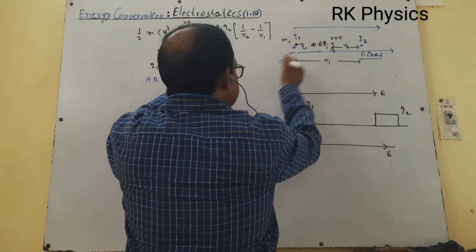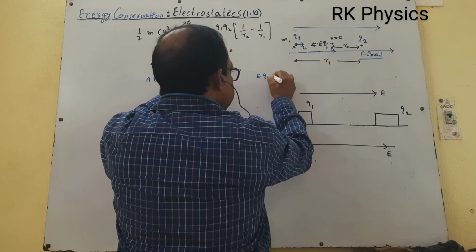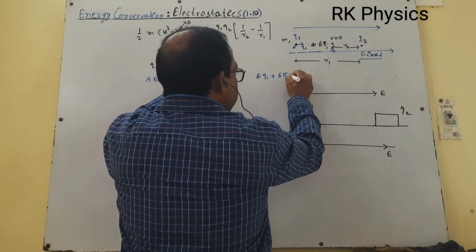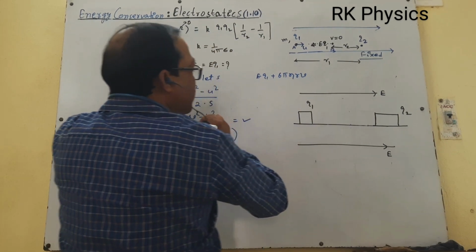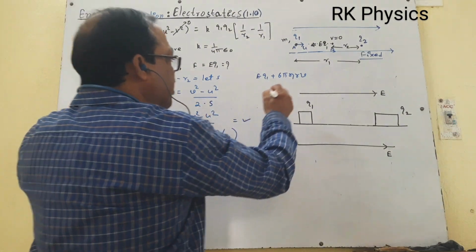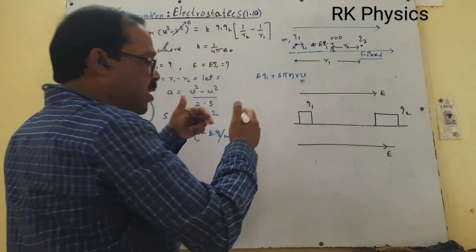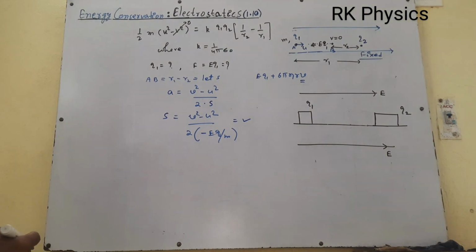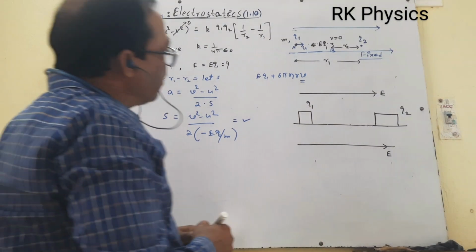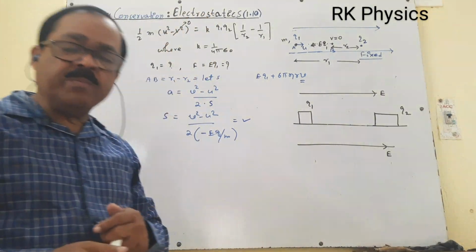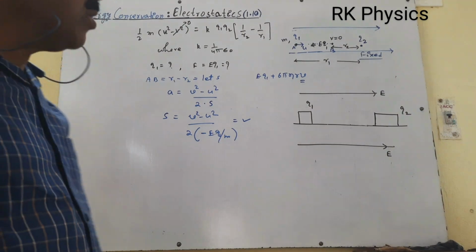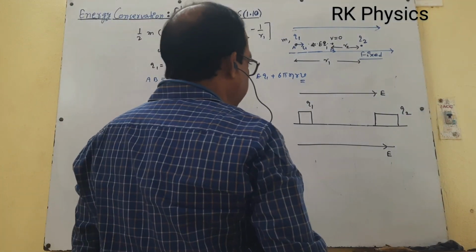The mass experiences one force due to the electric field and another due to the viscous force, 6 pi eta r v, and v is a variable term that varies from point to point. So you can calculate by taking a viscous medium within the electric field.